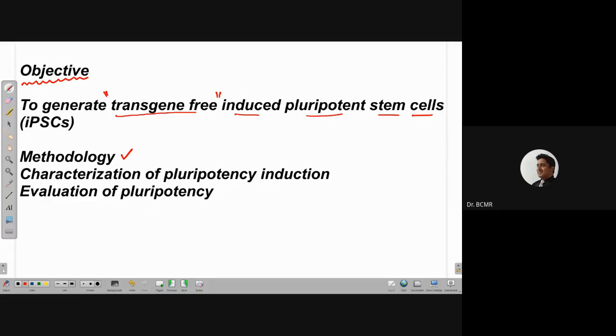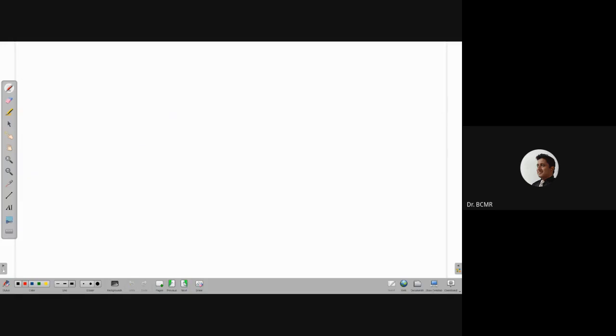It doesn't matter. So first we will understand their methodology. Then we will look into characterization, how they characterize whether pluripotency has been induced or not, and then the evaluation to show that they are pluripotent. These are the objectives of this paper.